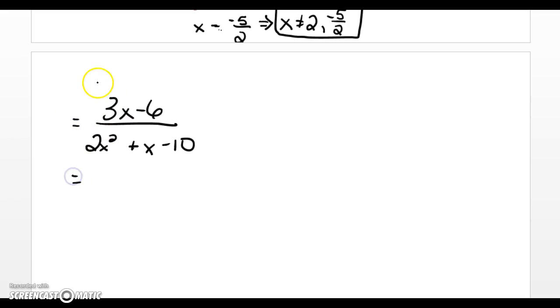So here we're going to simplify this. Looking at our numerator, we have 3x minus 6. You want to ask yourself, is there anything in common with 3x and minus 6? There is a common factor of 3. When you pull that out, you're left with x minus 2.